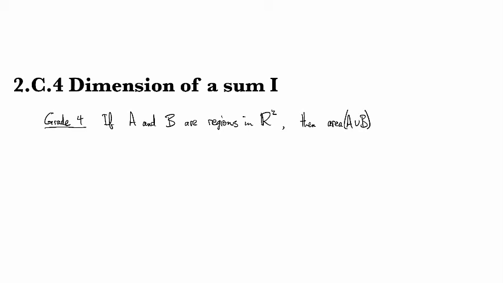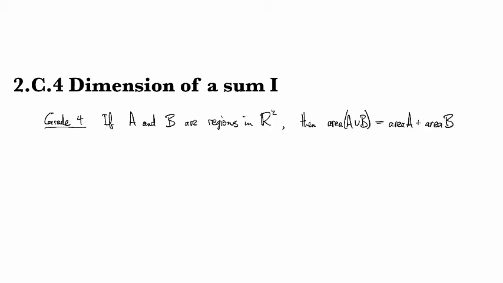Well, just for a little bit of warm-up material, remember back in grade 4 when they told you that if A and B are regions in R2, okay, well, so they probably didn't express it exactly like this, but if you have two shapes in the plane, then the area of the union is the area of one piece plus the area of the other piece.